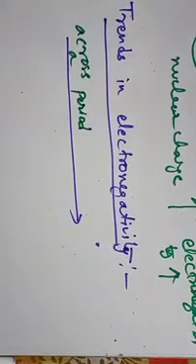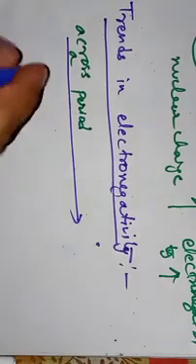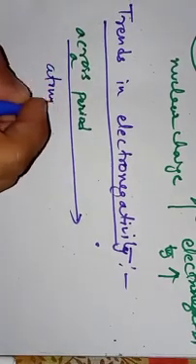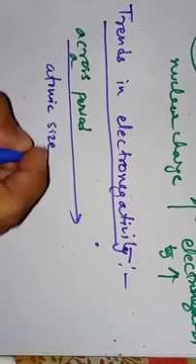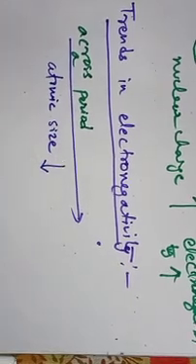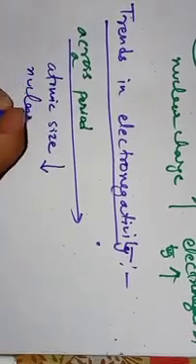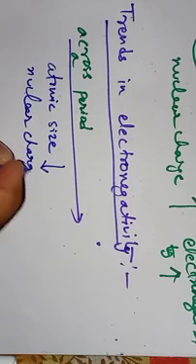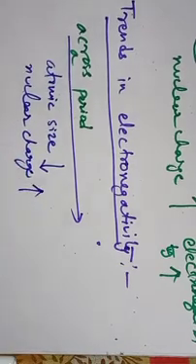So when you move across a period, what is happening, my dear students? Atomic size is decreasing, isn't it? And the nuclear charge is increasing.